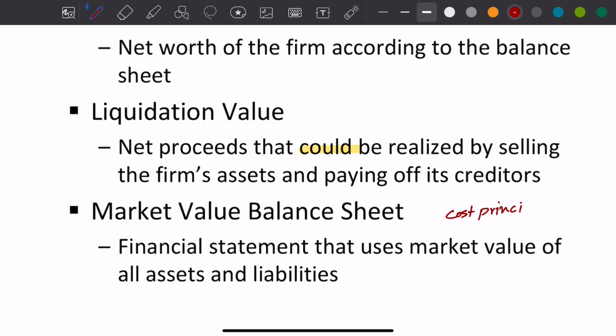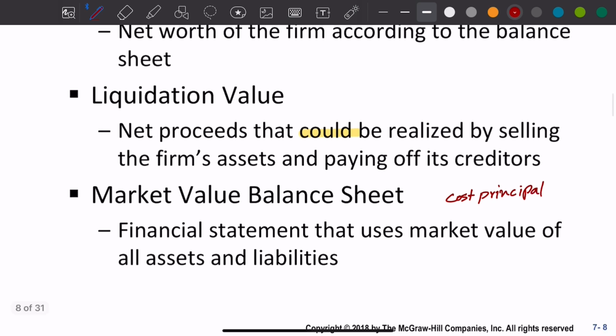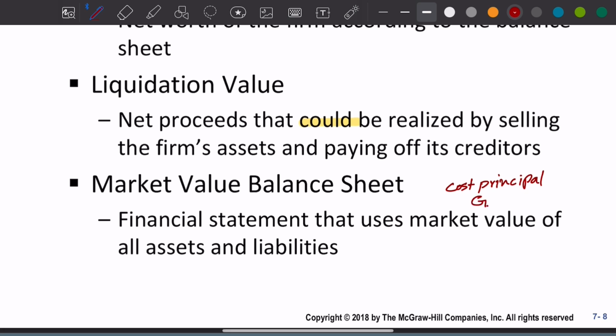And this is one of the principles that are required by GAAP, the generally accepted accounting principles. Okay? Whereas a market value balance sheet, the company records their assets and their liabilities based on their market value, not their actual costs.